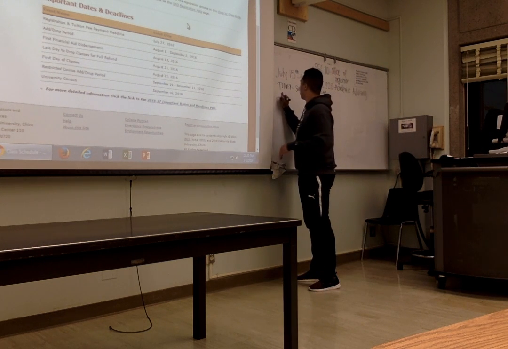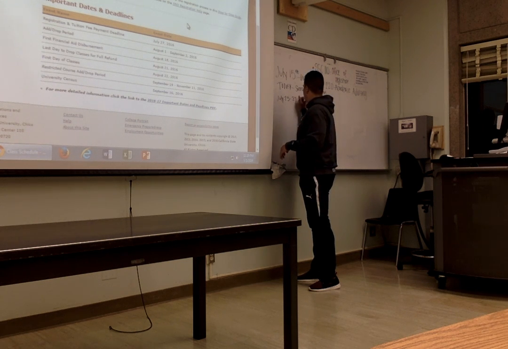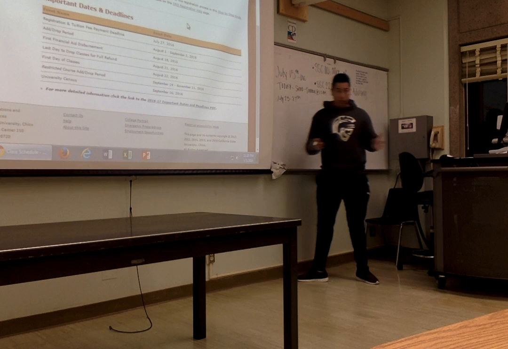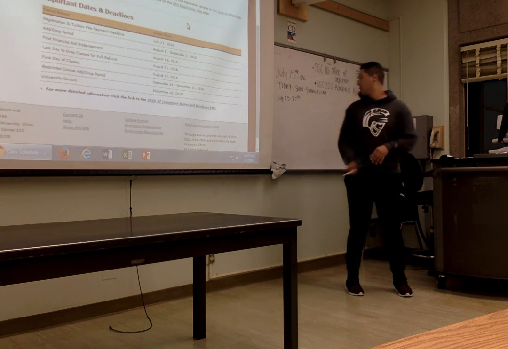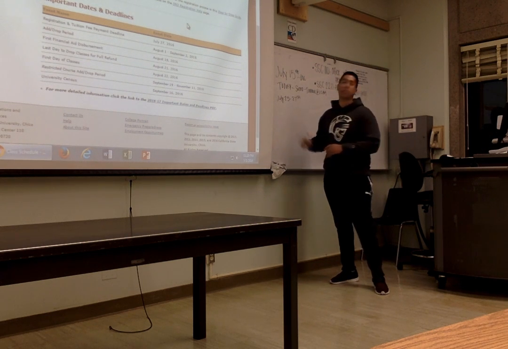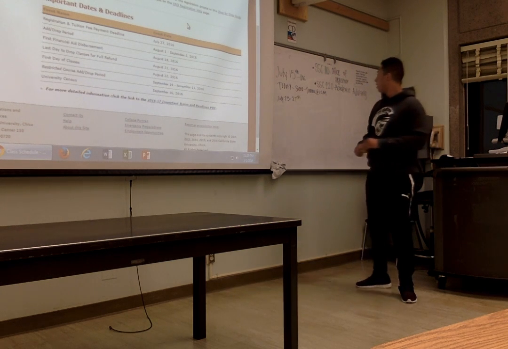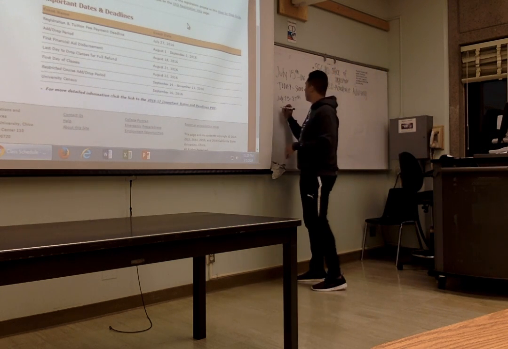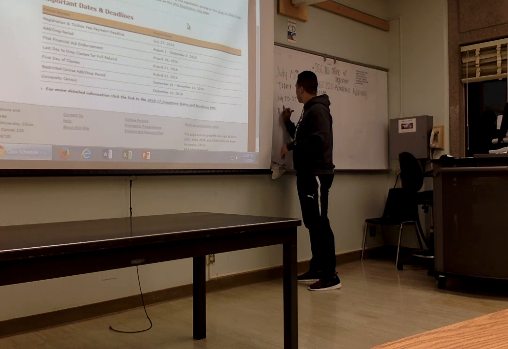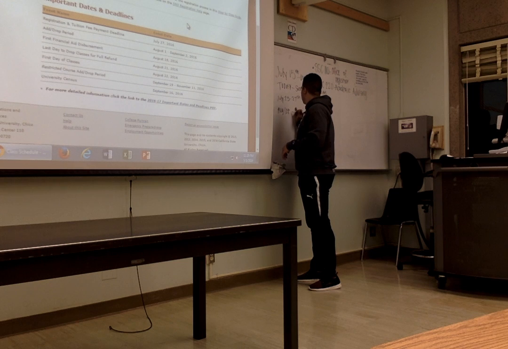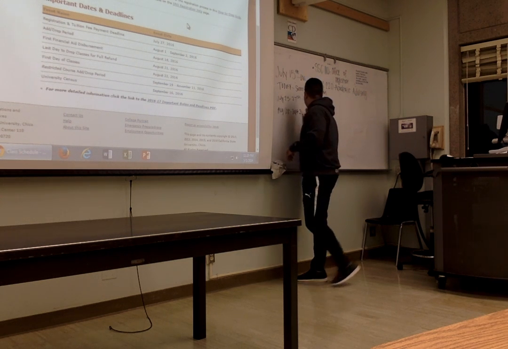Like I was saying, the other important date is July 25th to the 27th. They're going to contact you through your portal to see when you can register between those 2 days. That's your second opportunity to add and drop classes. Your next important date is August 1st through September 2nd.